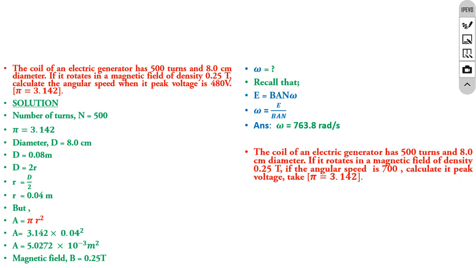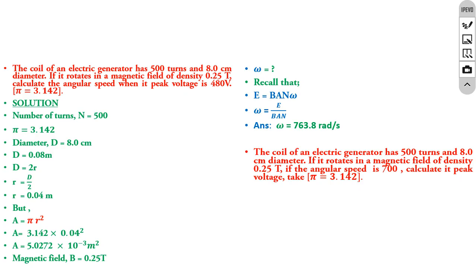Let's consider this other example. This one would be like a classwork and you will solve it. This one says the coil of an electric generator has 500 turns and 8 centimeters diameter.